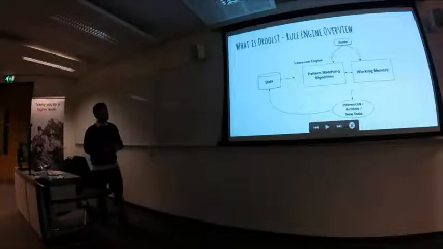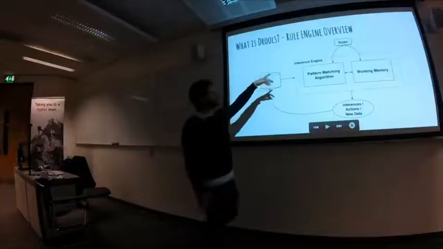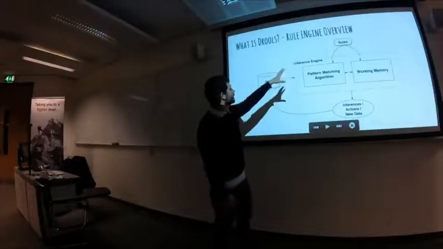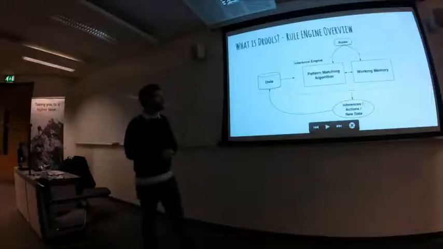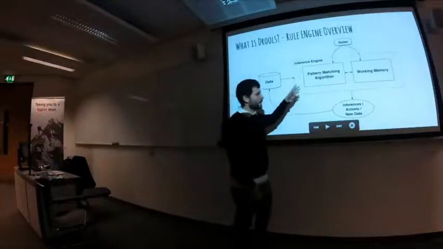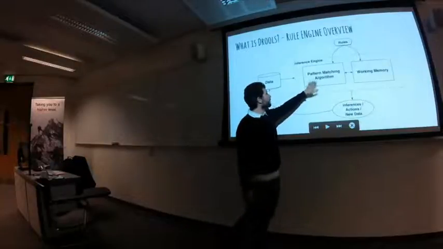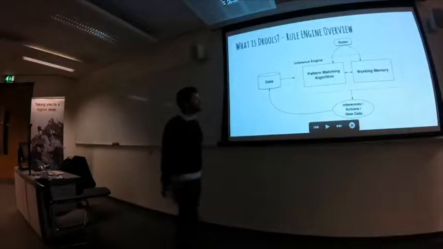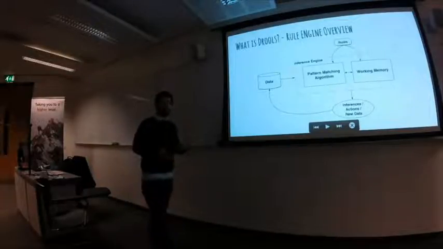To get a little bit of background about how the rule engine is composed, you will write your rules in files. You will write all the rules that you want to describe your business logic. Then you will compile that using an algorithm to create the pattern matching network, which basically is a way to optimize the comparisons that need to be done.